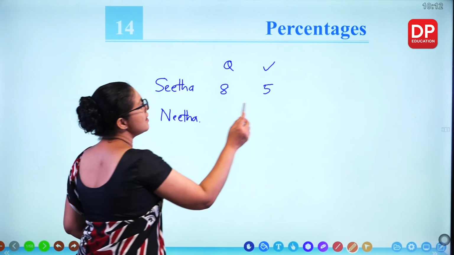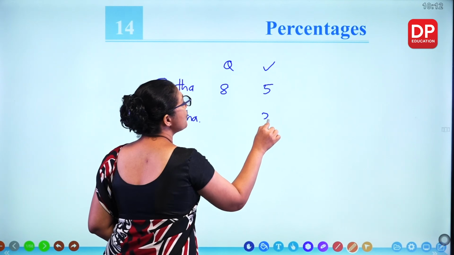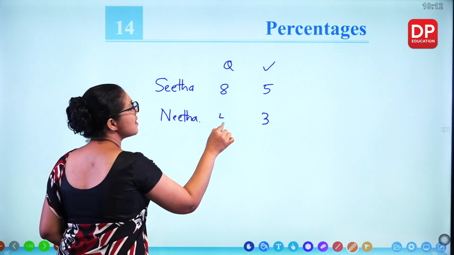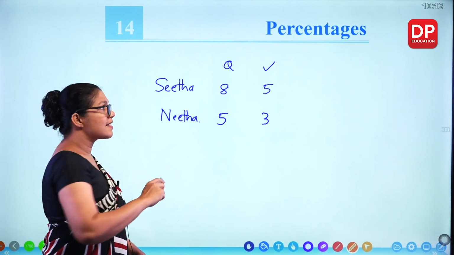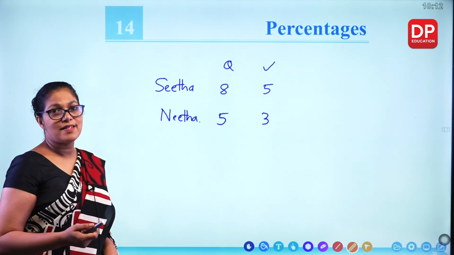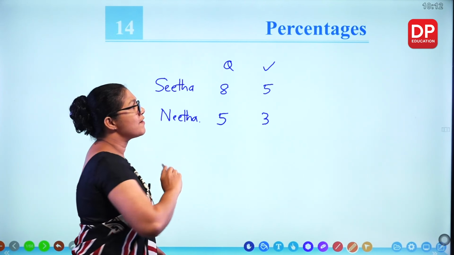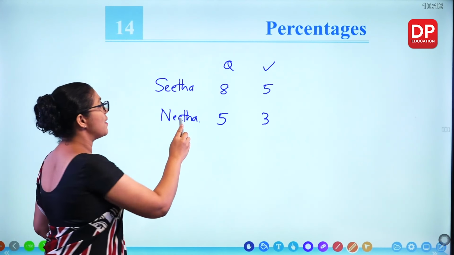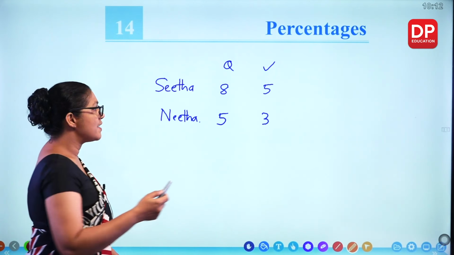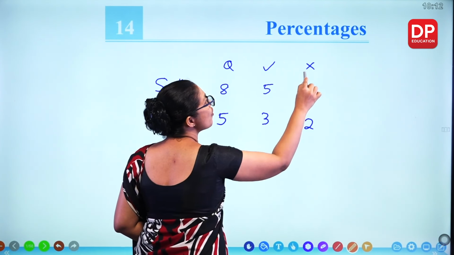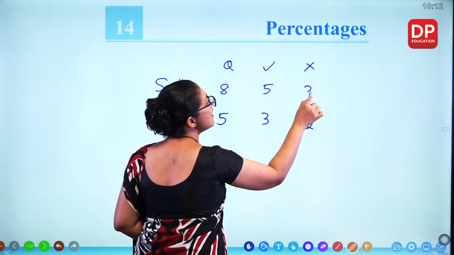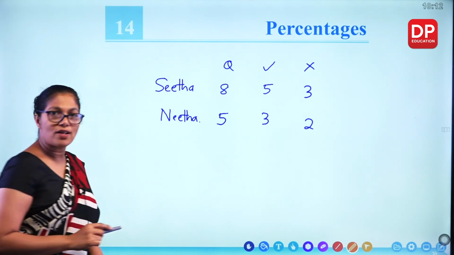Neeta told that she got 3 correct answers out of 5 questions. Sita is telling she is the best because she got 5 correct answers. But Neeta is telling she's the best because she got 2 wrong answers, that is less than what Sita got.